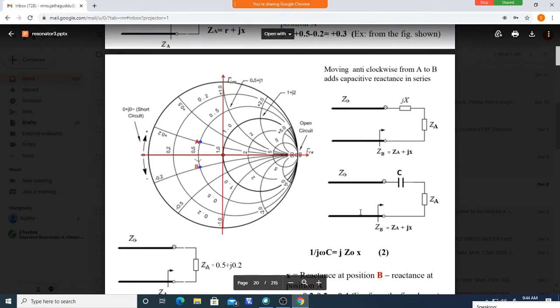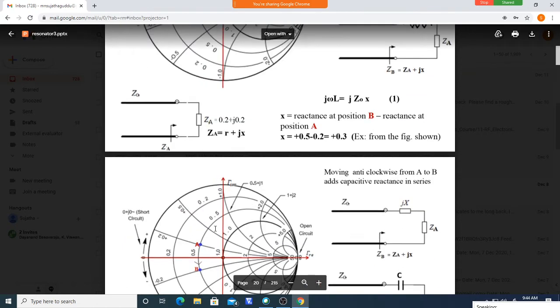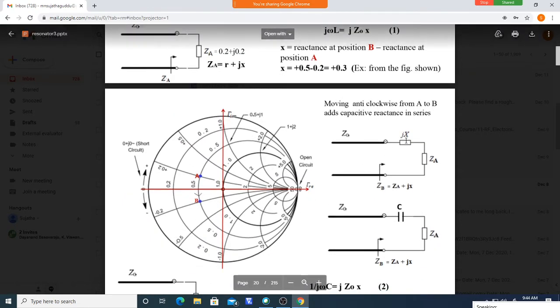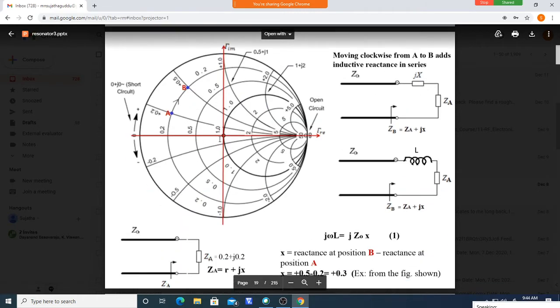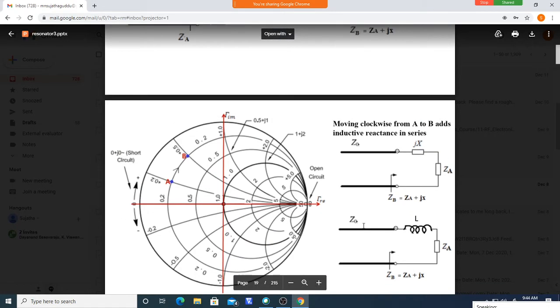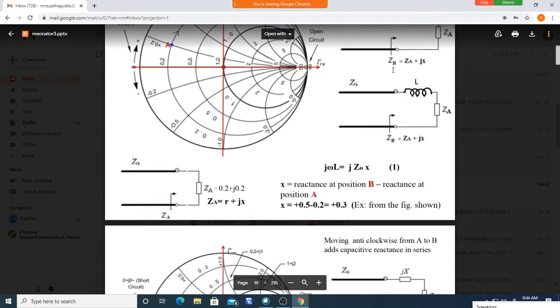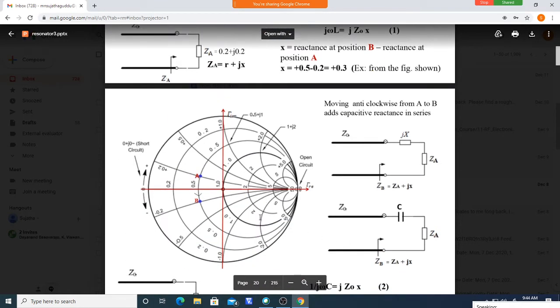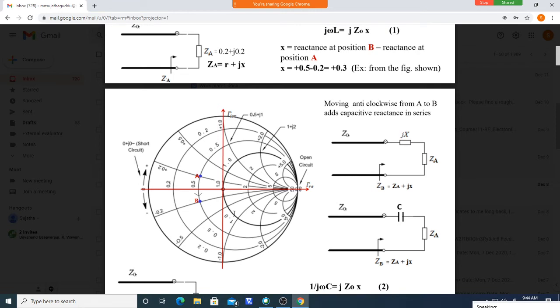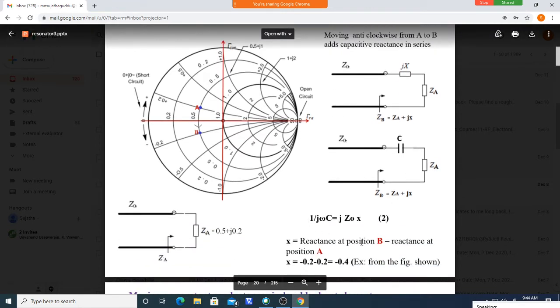Similarly, for the resistance circle movement with a series element, capacitor or inductor, there are these 4 equations. Moving on the resistance circle in the clockwise direction, you should use an inductor. Moving in the anti-clockwise direction on the resistance circle, you use a capacitor. You should use this equation to find the capacitor value.